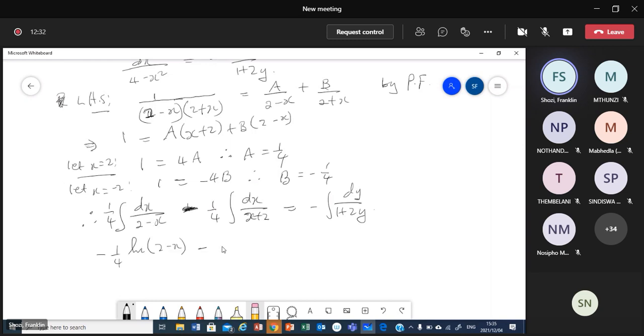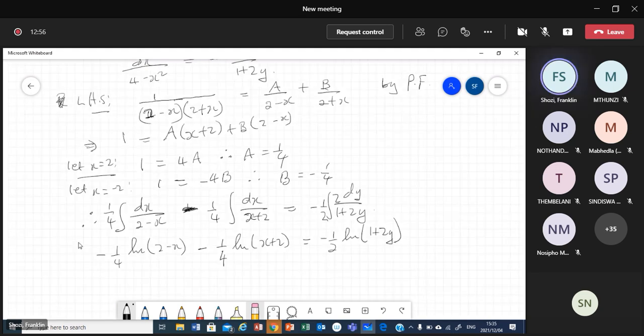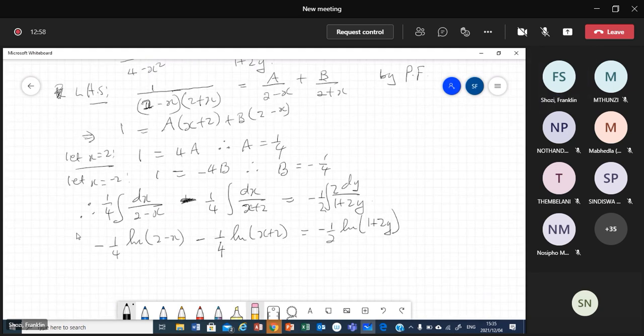There's nothing wrong with that, so that will remain as minus 1 over 4 ln of x plus 2 equals. But here, if I differentiate this, I'll get 2. I need a 2 there, and then I must take half. Therefore, the answer is minus half ln of 1 plus 2y.